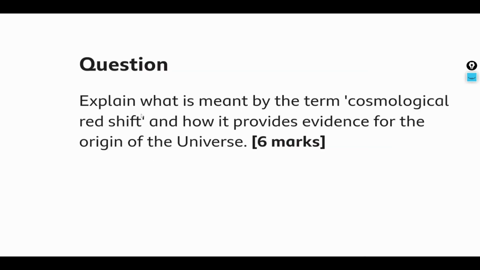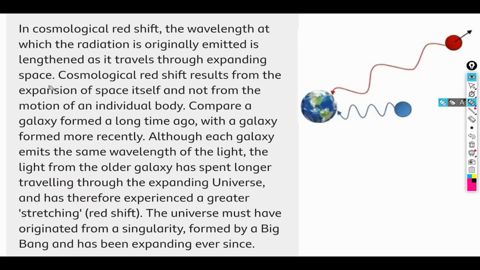We already have discussed those questions. The question is, explain what is meant by the term cosmological redshift and how it provides evidence for the origin of the universe. In cosmological redshift, the wavelength at which the radiation is originally emitted is lengthened as it travels through the expanding space.